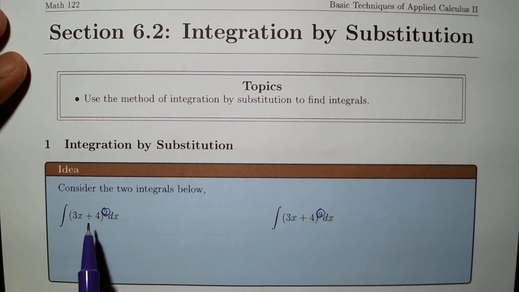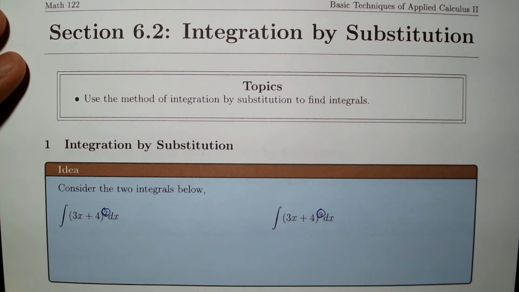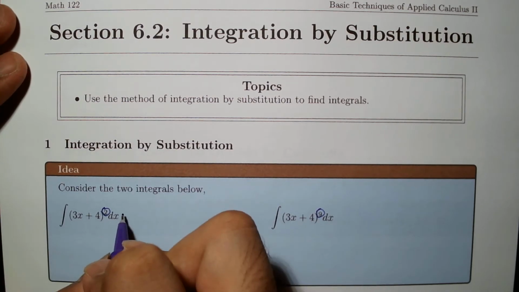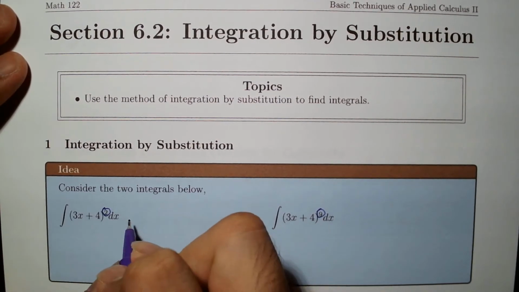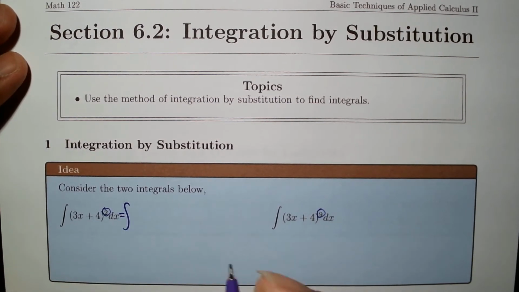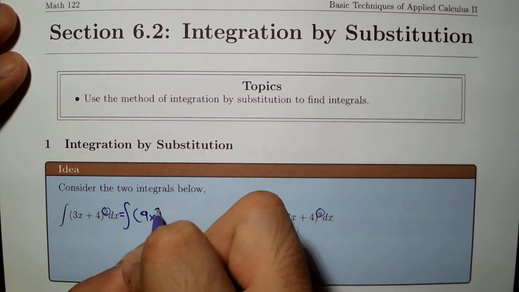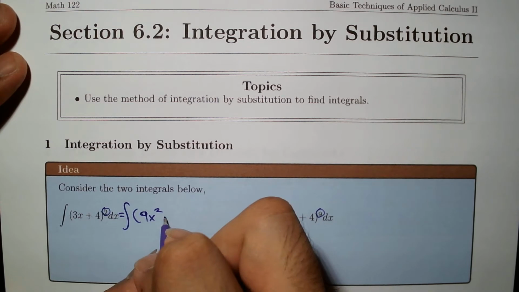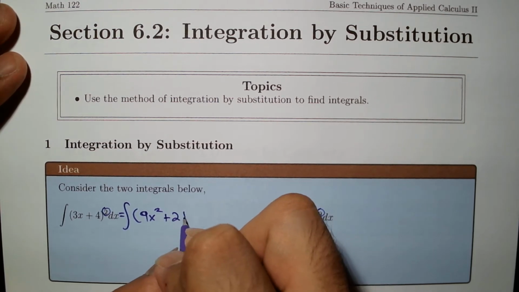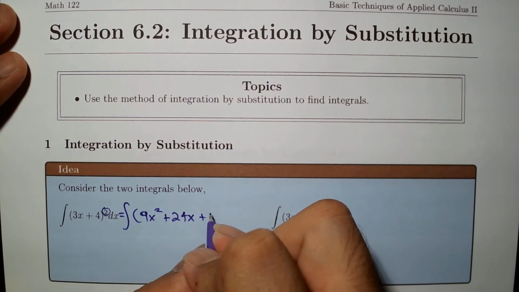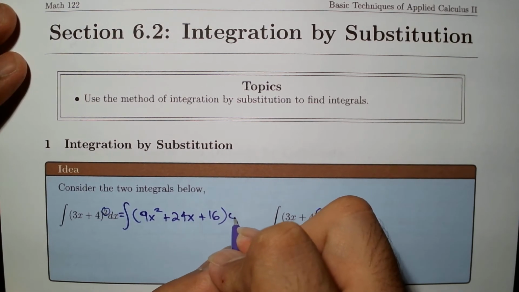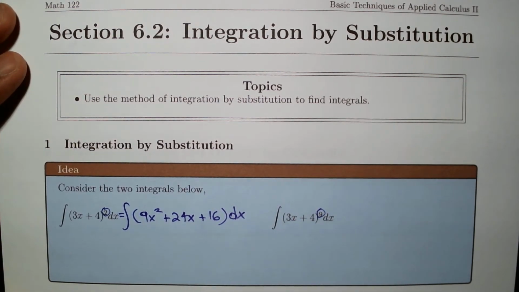Alright, if we were to evaluate this integral without knowing substitution, well, it wouldn't be that bad to evaluate it, because we can expand the binomial using the binomial formula. 9x squared, 3 times 4, that's 12, times 2, that's 24x plus 16. And then integrate term by term.